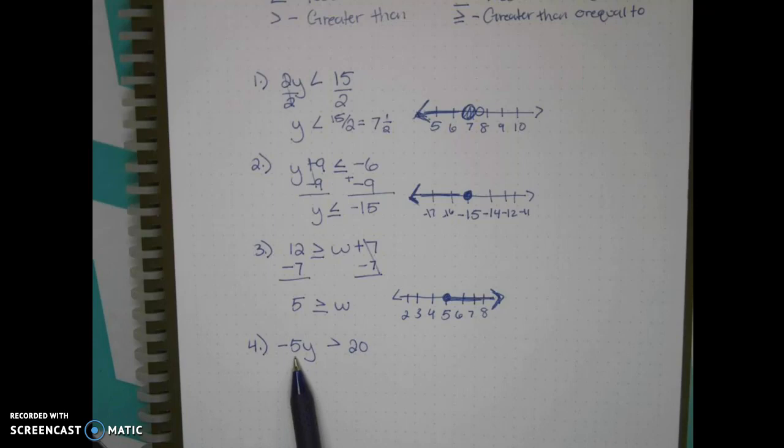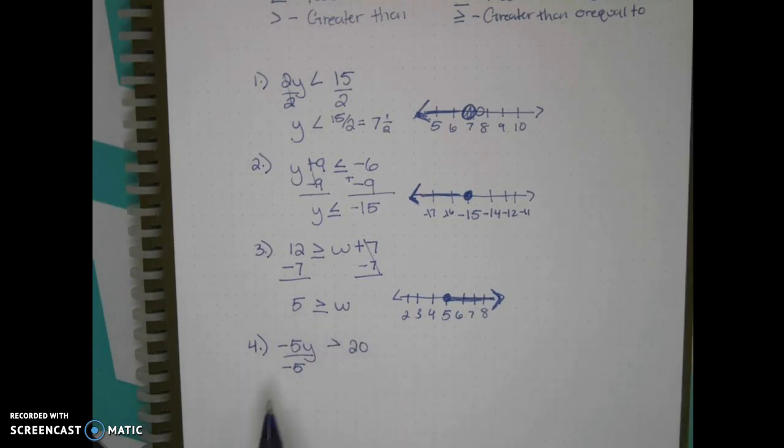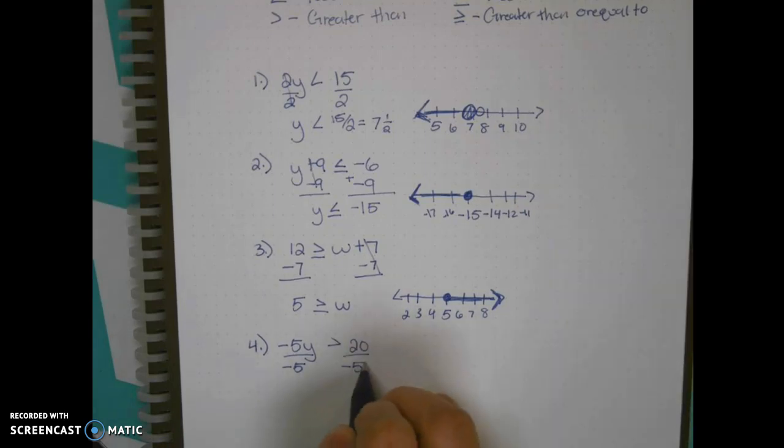The opposite of marriage is divorce, or the opposite of multiplication is division. So I'm going to divide both sides by negative 5. Make sure that you carry the negative with it, because it's just an extra step, and you'll have to divide by negative 1. So we want to make sure we always carry the negative with it. So I'm going to divide both sides by negative 5.